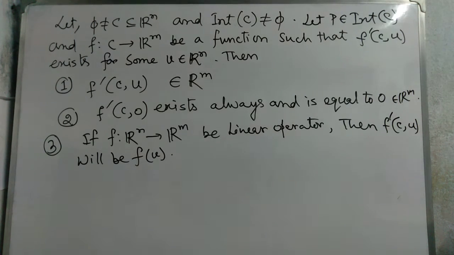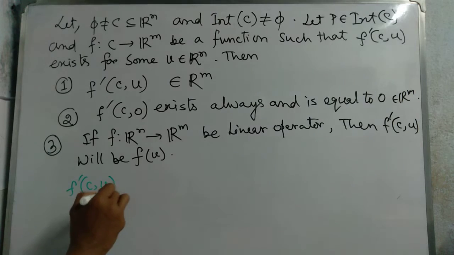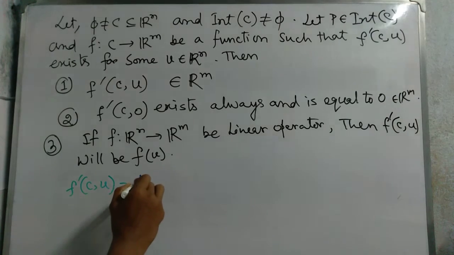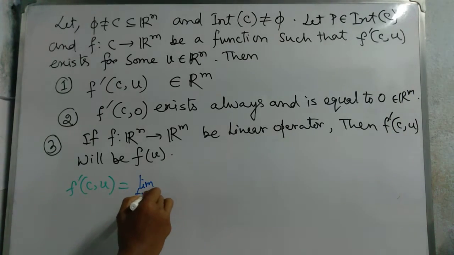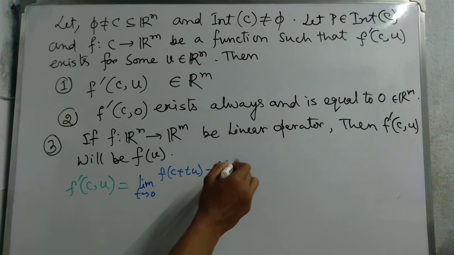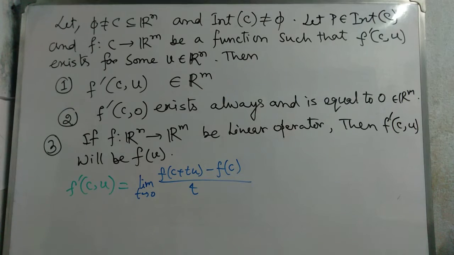So now the last one. This f dash(c, u) equals how much? Equal to limit t tending to 0 of f(c plus tu) minus f(c), over t.